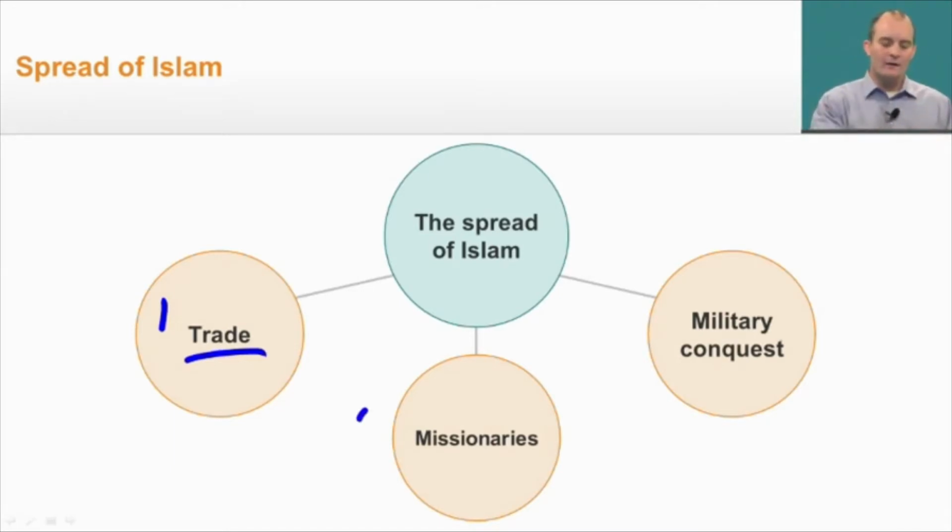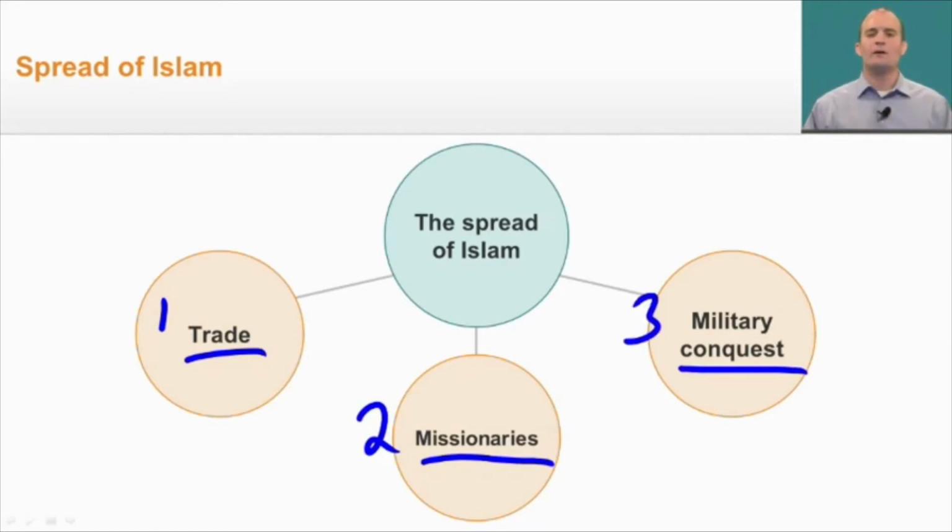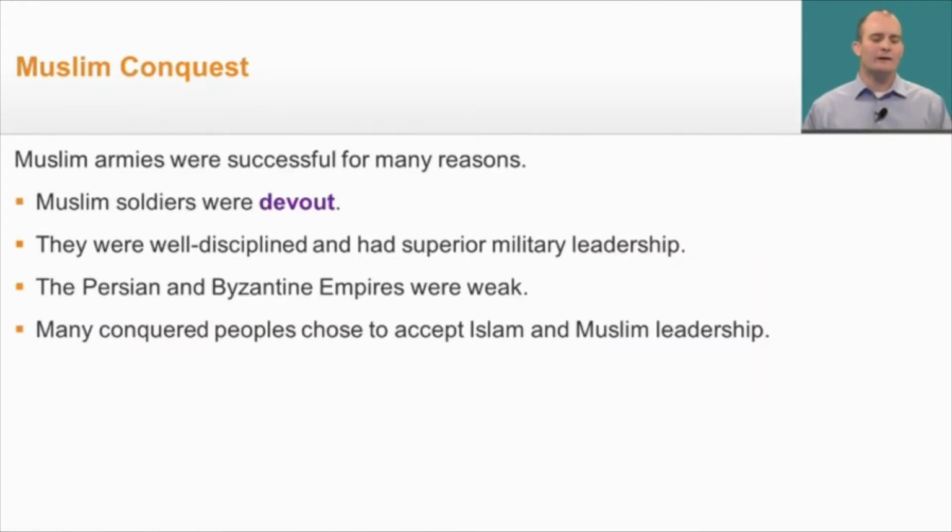The second way were missionaries, people who set out to brand new areas just to bring people into the Islamic faith. But the third and possibly the most effective reason for the spread of Islam was military conquests against the different empires and kingdoms that they came across. And we'll take a look at their conquest right now.